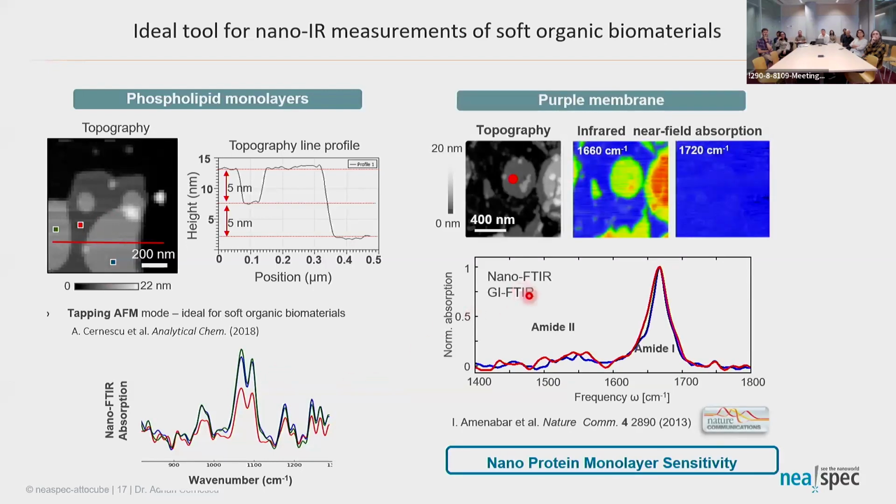Now, this is an older measurement which is done on proteins. And here we can see nicely not only the topography and the spectra specific to the proteins, but also the chemical mapping. This is an image done at 1660, highlighting the amide 1 band. And you can see that in the same area, if you measure at 1720, the contrast is totally gone.